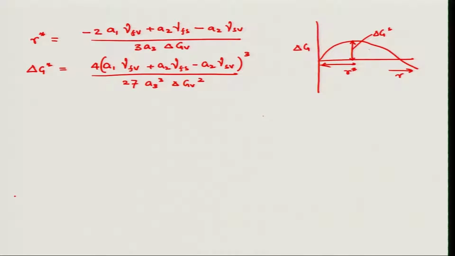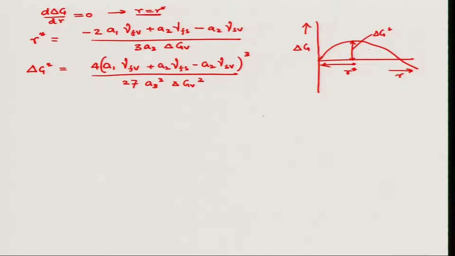So, in the previous lecture we had discussed the free energy change and the fact that d del G over dr should be equal to 0 for this to become a critical radius. This is the change in free energy with the radius of the nucleus. In the beginning, when the nucleus is very small, the free energy change is positive.